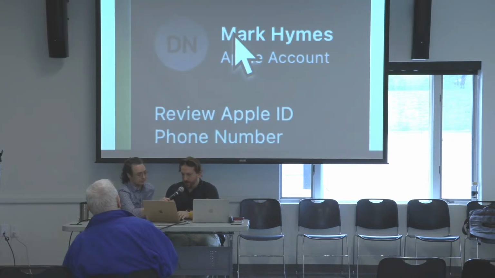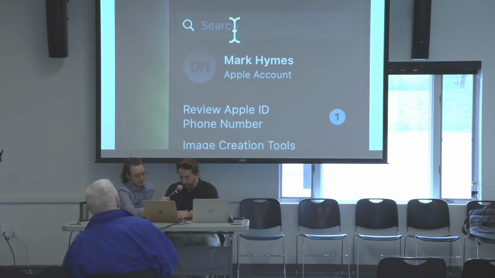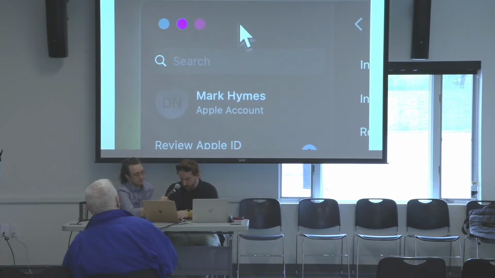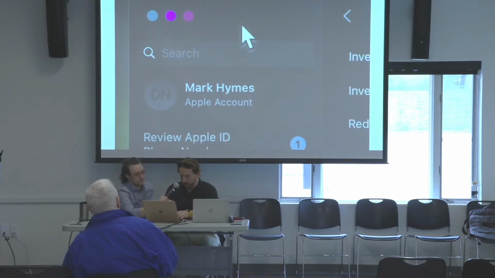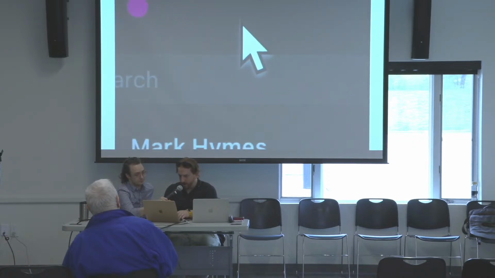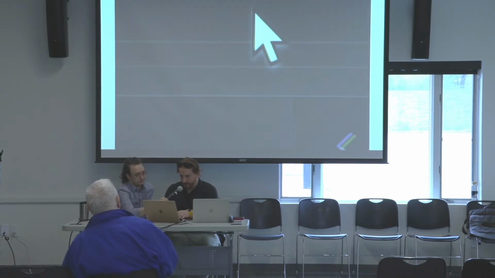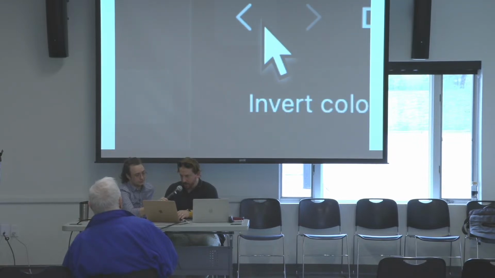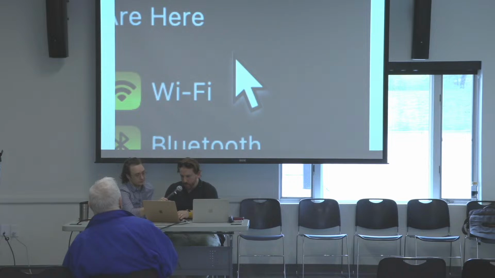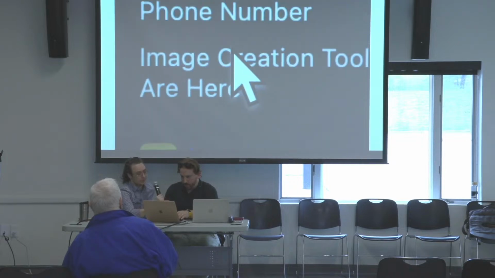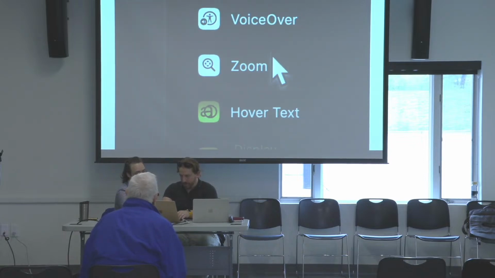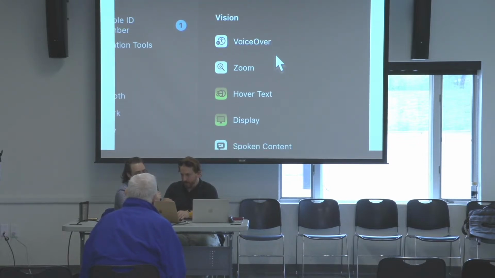For ease of use, I wanted to show the accessibility features on the Mac system because I feel like this would be helpful for a lot of people who are running this operating system. You're along the left side menu now, scrolling down.